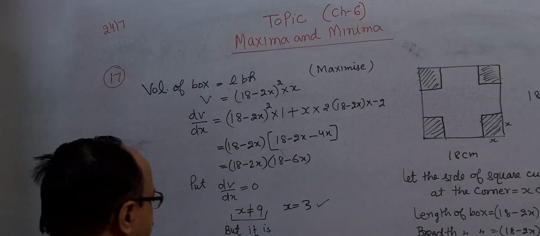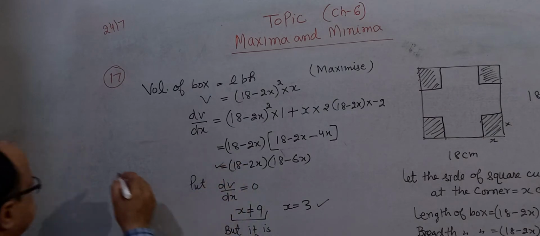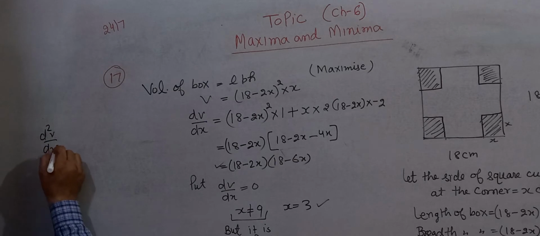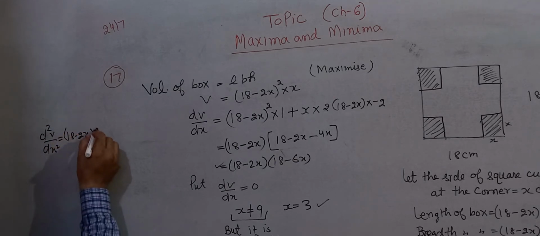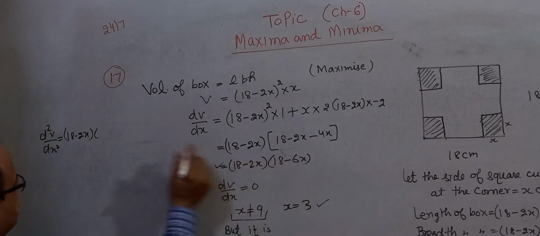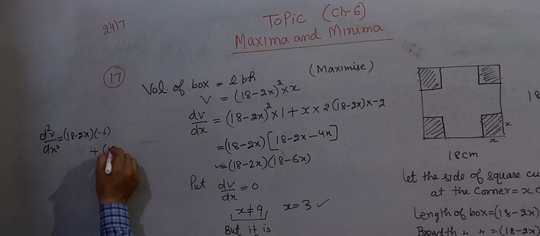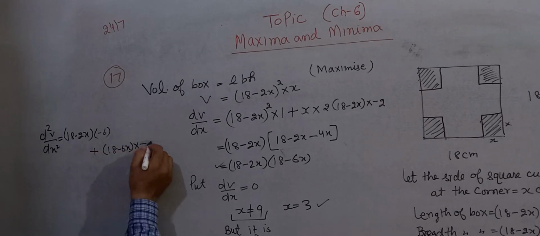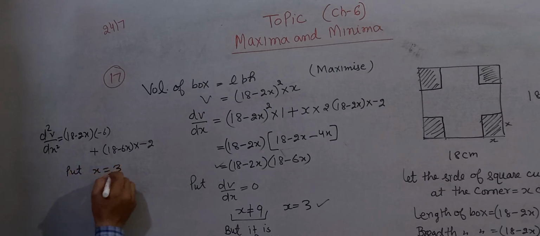Now find the second order derivative. d square v upon dx square is 18 minus 2x as it is, and the derivative of this, minus 6, plus 18 minus 6x as it is, derivative of this minus 2. Now put x is equal to 3.